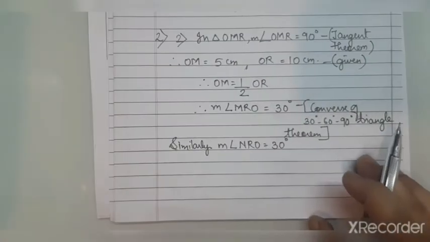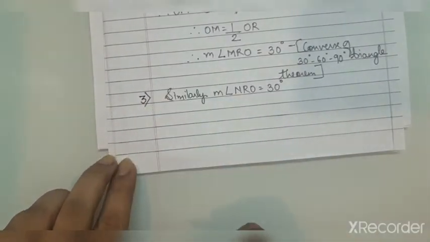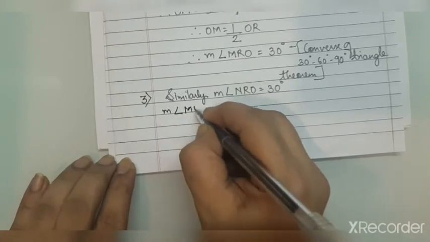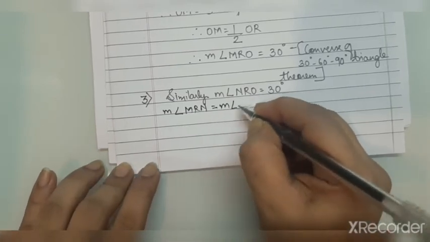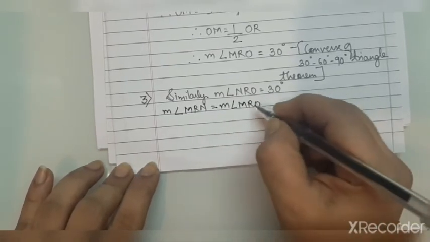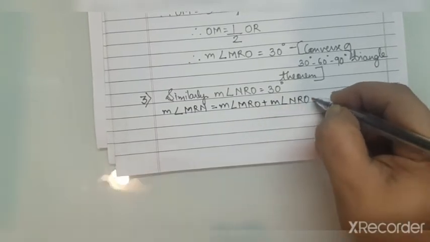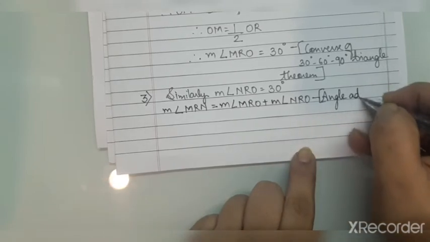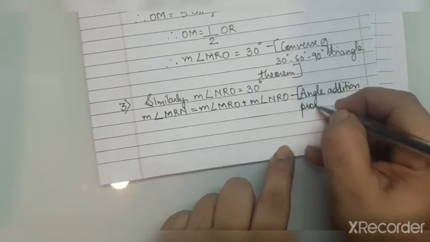So we need to write here only, after this, that is the third part of the sum. Okay, we'll write measure angle MRN is nothing but measure angle MRO plus measure angle NRO, and the reason we'll give is angle addition property.